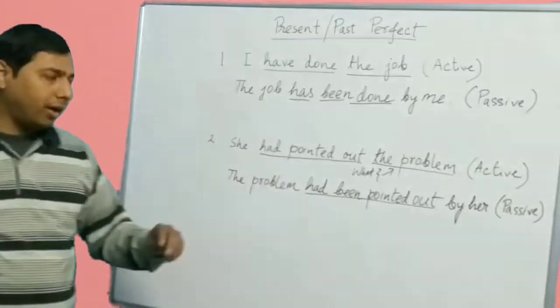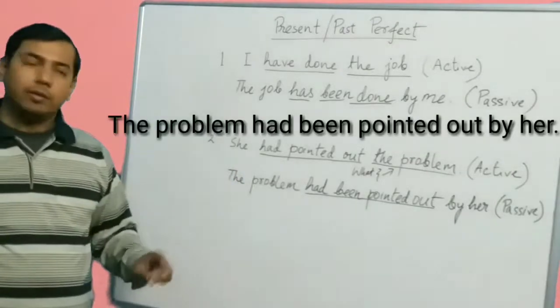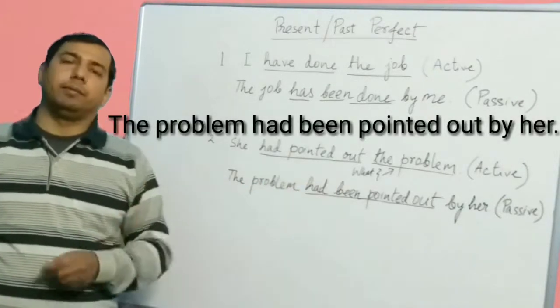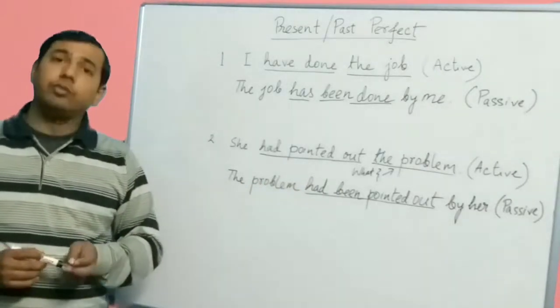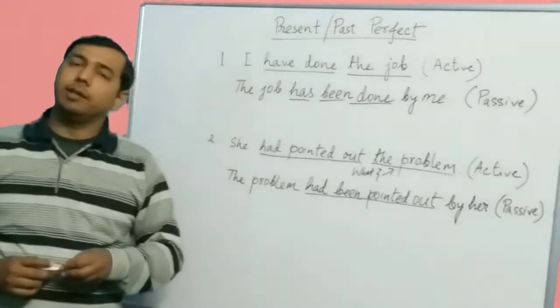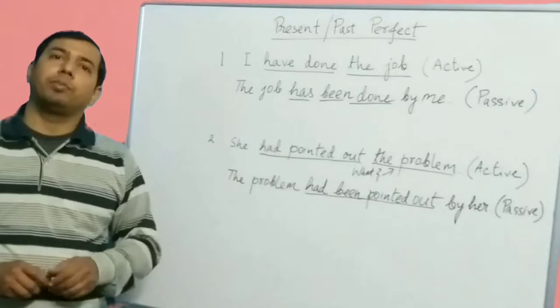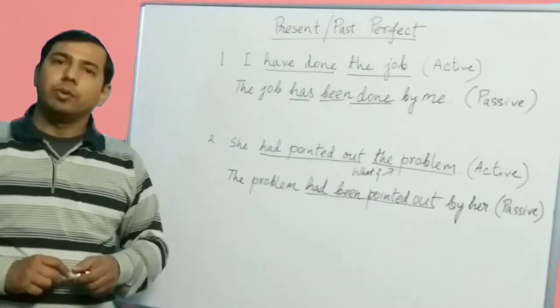Our answer is now ready. The problem had been pointed out by her. So this is what we have learned today then, how to change present perfect and past perfect sentences into passive voice.